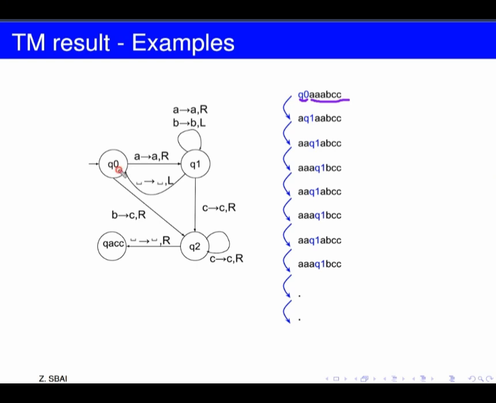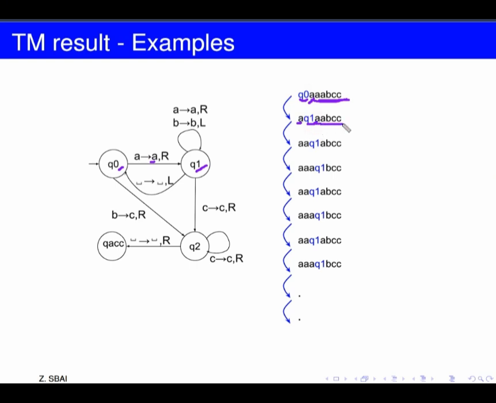So from Q0, we see here A. We will move to Q1, so we will write here the state Q1. A will not be changed, so we'll write also on the same cell the symbol A. All the other symbols are not changed, so we will write AABCC.